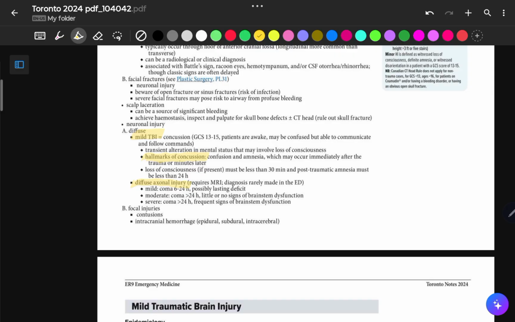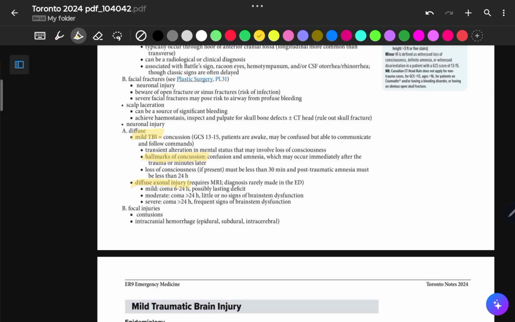So diffuse means everywhere, the whole brain, right? And then the last type of neuronal injury is your focal injury, where it's on one side. Only one specific area is affected.